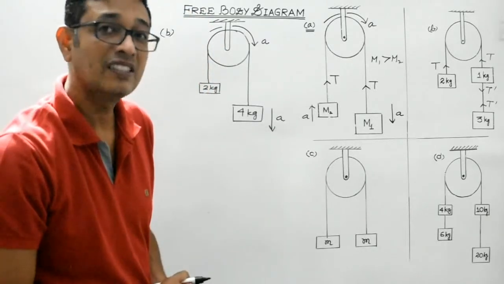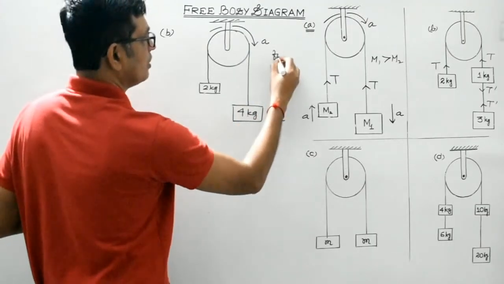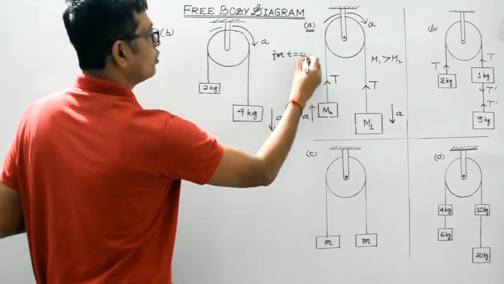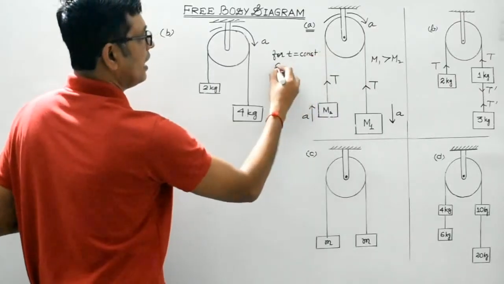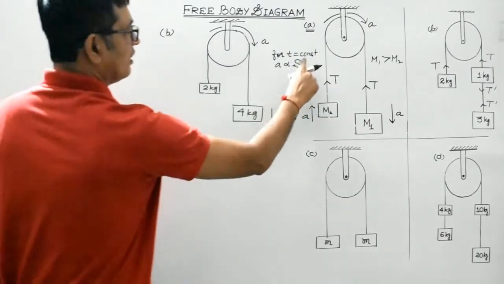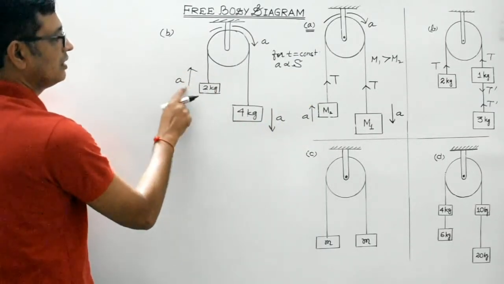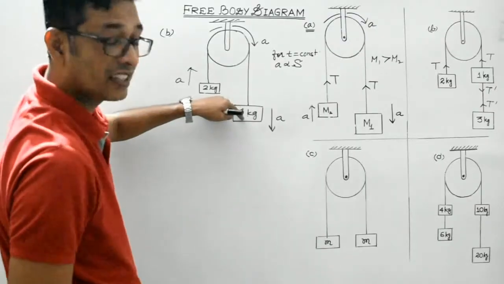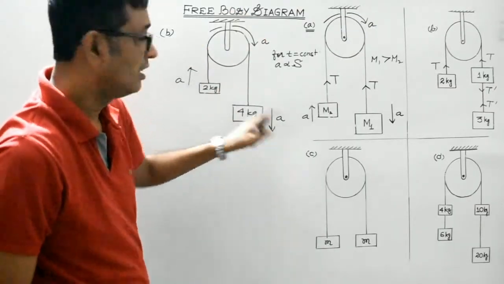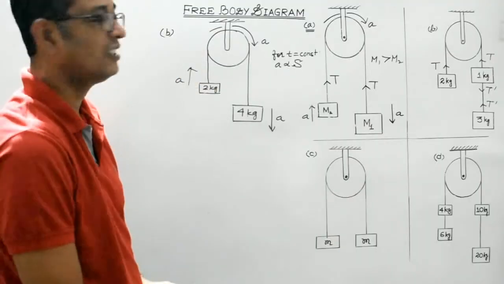Because for a given time, acceleration is directly proportional to displacement, right? So your acceleration for both the bodies would be same. The only difference would be in its direction. One acceleration will be downward directed, the other will have the same acceleration but directed upwards, right?